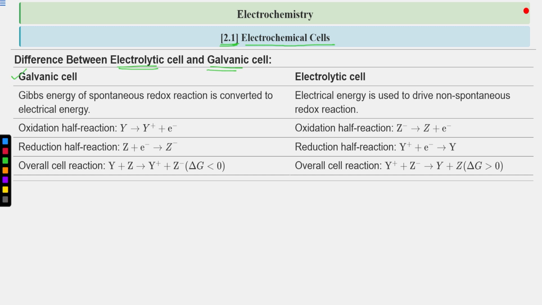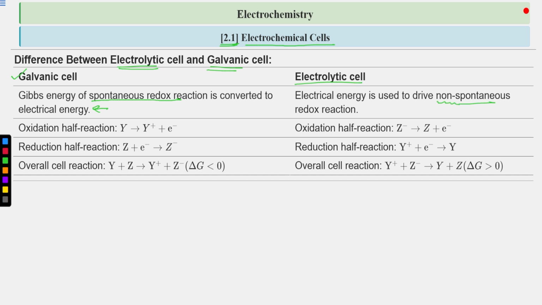Let's define our galvanic cell first. In a galvanic cell, the Gibbs energy of a spontaneous redox reaction is converted to electrical energy. Meanwhile, in the electrolytic cell, electrical energy is used to drive a non-spontaneous redox reaction.